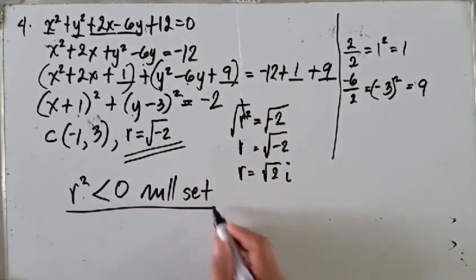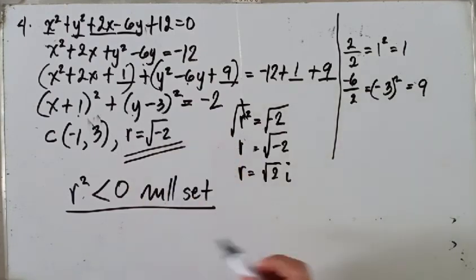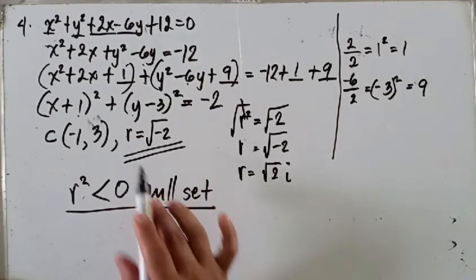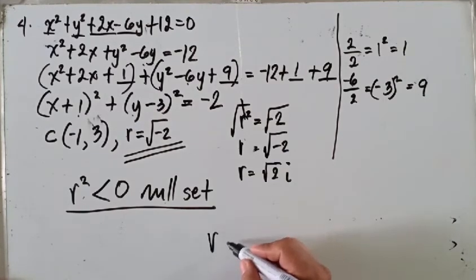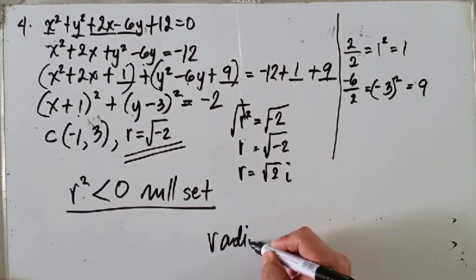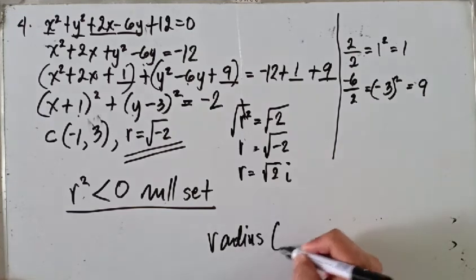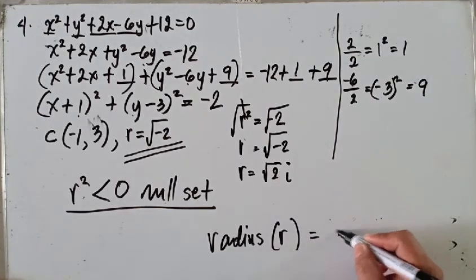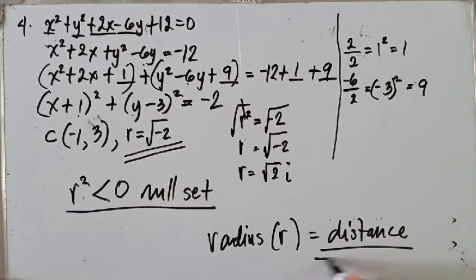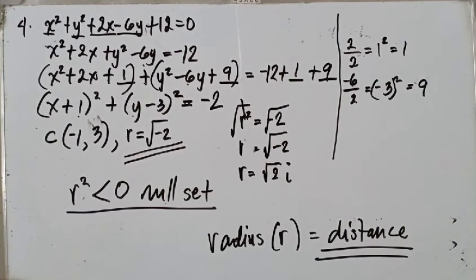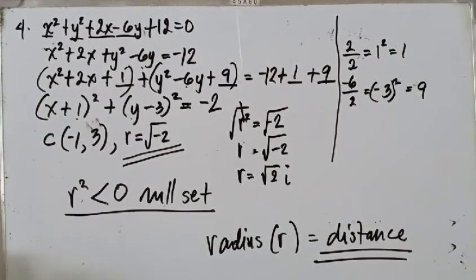It implies that we cannot graph the circle because the radius would be imaginary. Remember that the radius r is equal to distance. And remember, walang negative na distansya. There is no such negative distance.